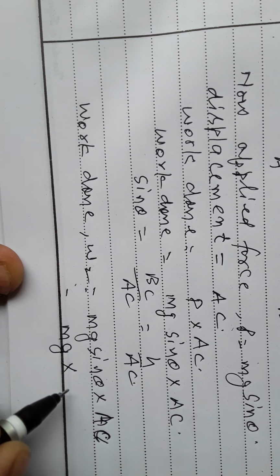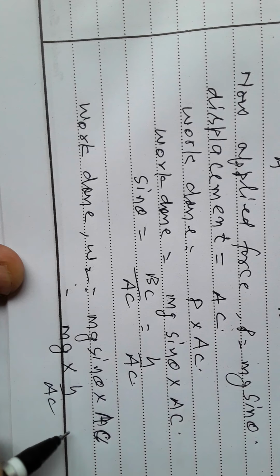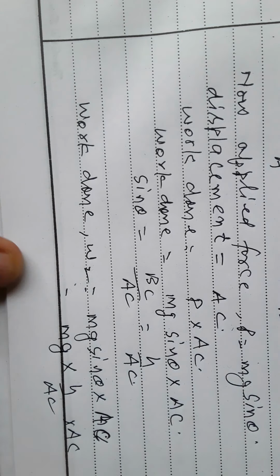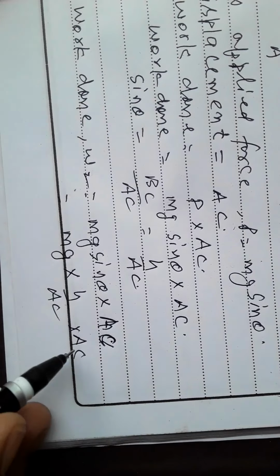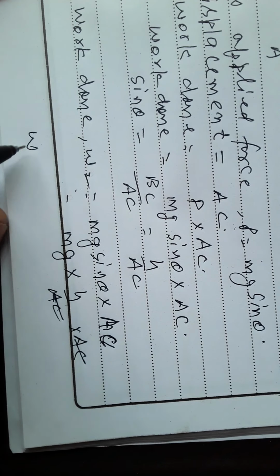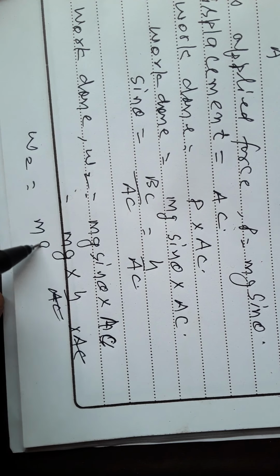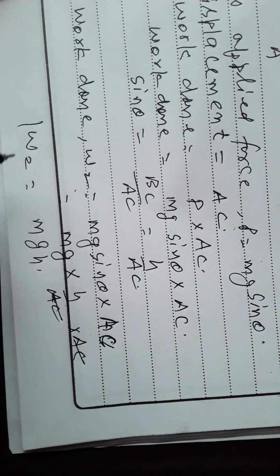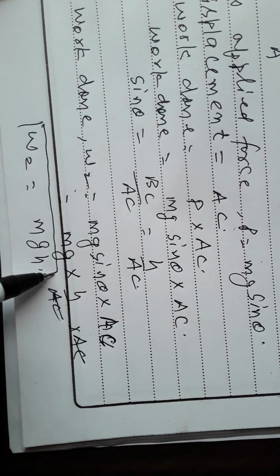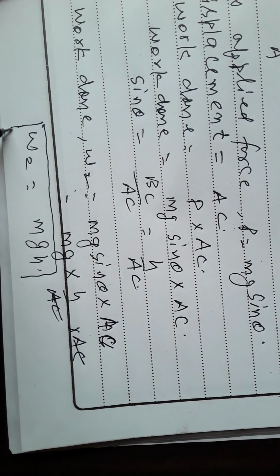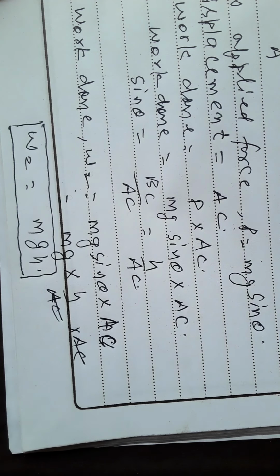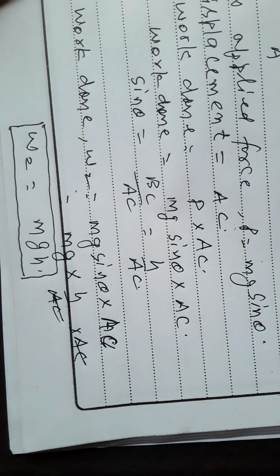Sin theta is h by AC, into AC. AC will be cancelled. So work done is mgh. In the second case, when the body is moving on the inclined plane, work done to move on the inclined plane is mgh.